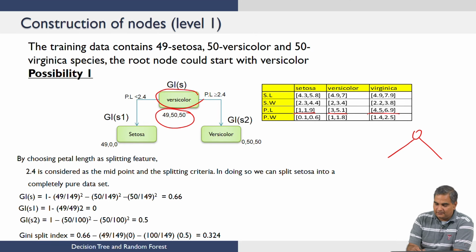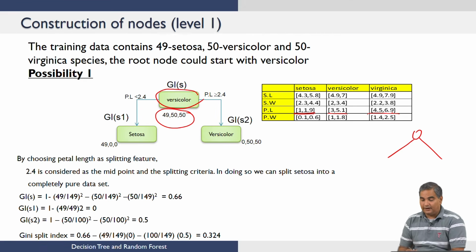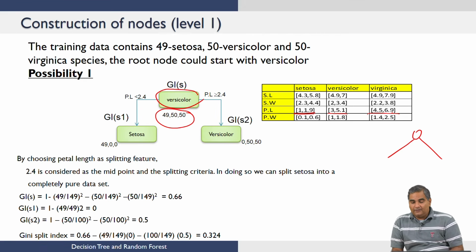But if you look at this here, there is a clean partition, because for setosa petal length is between 1 and 1.9, for versicolor it is between 3 and 5.1, for virginica it is between 4.5 and 6.9. So if you take any value between 1.9 and 3, you would be able to separate out setosa from the other species.